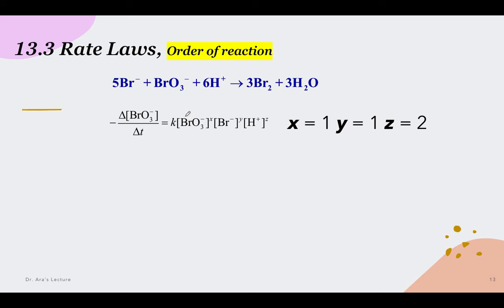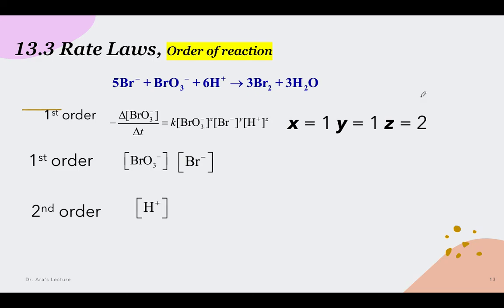That means the rate with respect to BrO3 is first order, the rate with respect to bromide is first order, but the rate with respect to hydrogen ion is second order. So we can write the rate law like that. And what is the overall order of reaction? The overall order is 1 plus 1 plus 2 equal to 4.